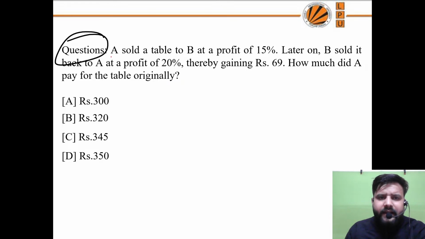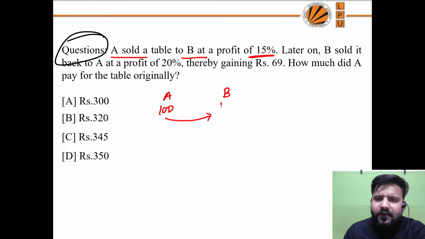The question is: A sold a table to B at a profit of 15%. Let's say A purchased it for 100 rupees. So sold to B at 15% profit, it means B purchased it for 115. Later on, B is selling it to A at a 20% profit. So 20% of 115 is how much? It is 23.